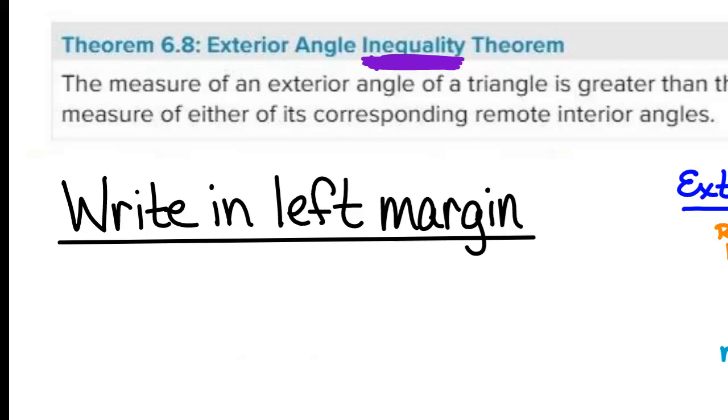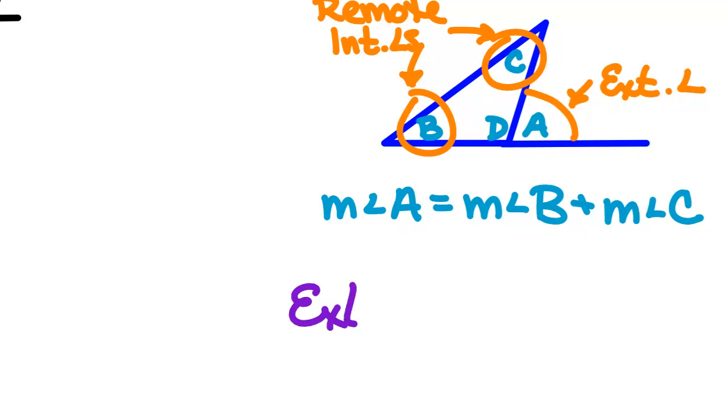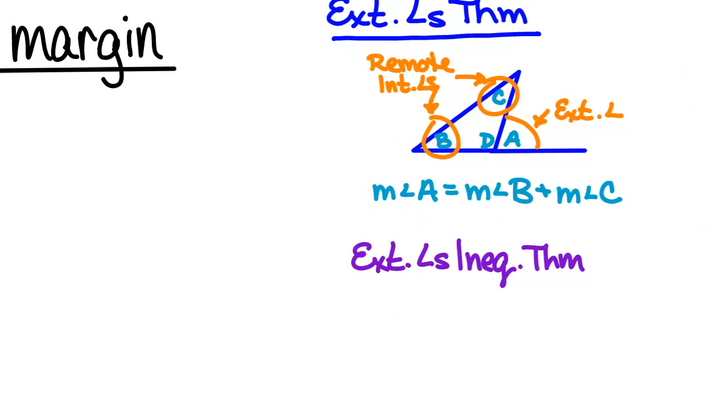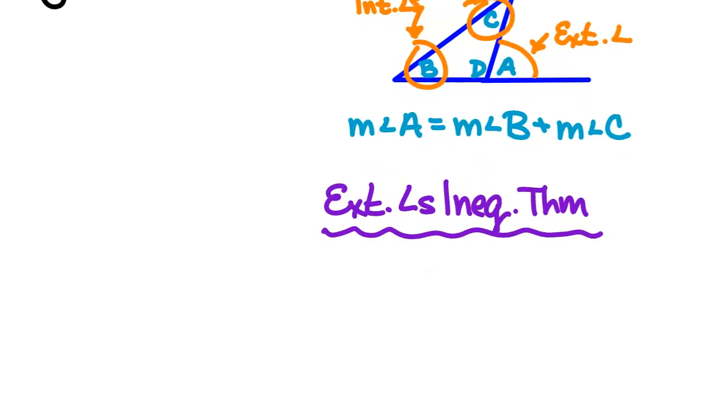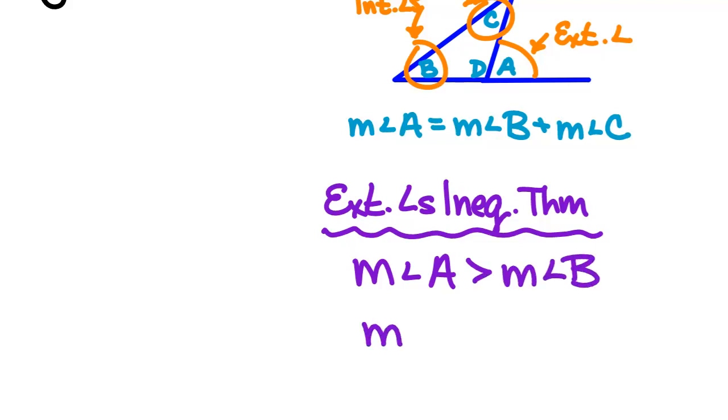What this says is that if I have to add these two angles together, B and C, to get angle A, that means angle A is bigger than angle B. That means angle A is bigger than angle C, because I have to add B and C together to get something that's the same size as angle A. So the exterior angles inequality theorem says the measurement of angle A is bigger than the measurement of angle B. Measurement of angle A is bigger than the measurement of angle C. It would have to be bigger because if I take this away, that's not equal anymore.